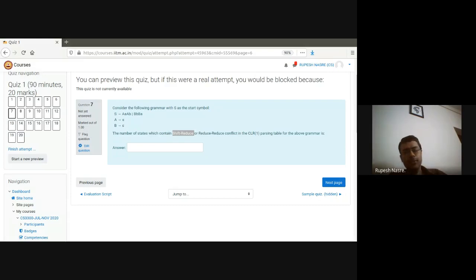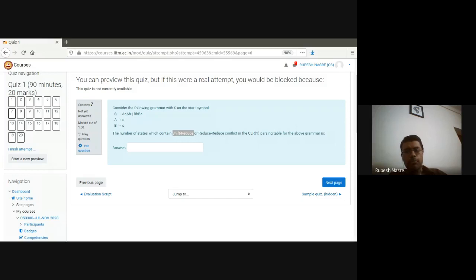I must say that I have not built the parsing table yet. I'll construct that and share it with you. If there is any problem, you can always come back to me. Not a problem. But to me, it appears that small a, small b should be in the follow, and therefore the problem of whether to apply A deriving epsilon or B deriving epsilon should come. That is what I think.